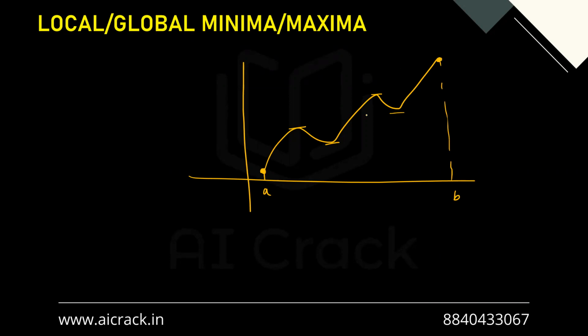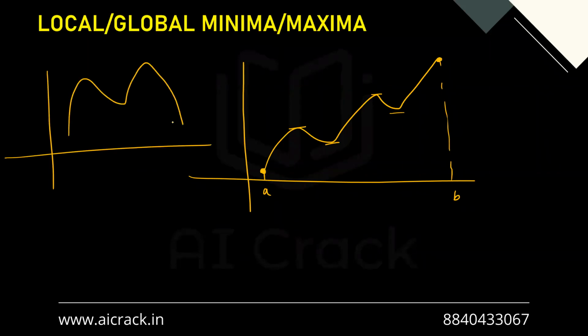So regardless of how many local minima and local maxima we have in the function, we can still have a different global maxima and global minima. But if this was the case for a particular function, then this particular local maxima is also the global maxima. So either this can be the case, or this can be the case, both of them.